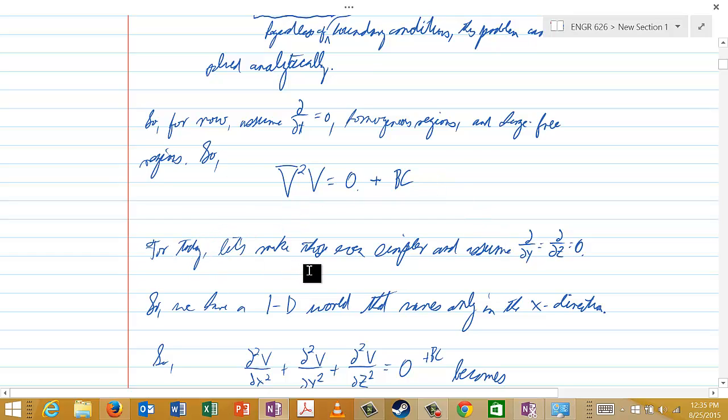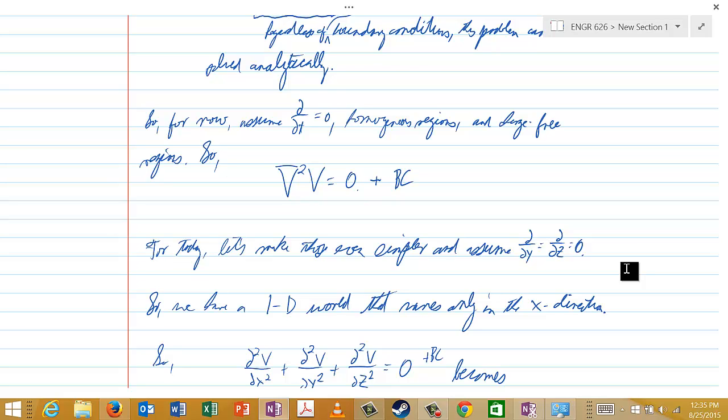This next sentence says, for today, let's make these even simpler and assume that partial y equals partial z equals 0. Again, this is just to make things simple and get across to you the very basics of the finite difference method.